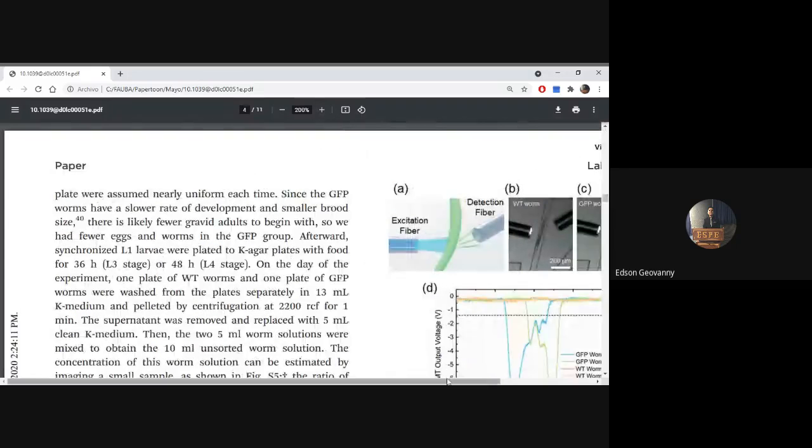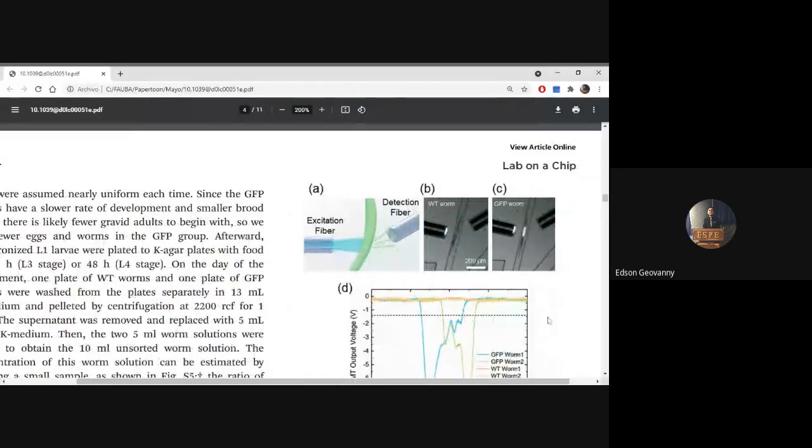In figure 2a, after injecting into the microchannel, the worm passes through a gradually narrowing channel and then hits the optical detection window. The channel is 16 micrometers wide. It serves for the passage of L3 and L4. In addition, a smaller distance between the worms and the fibers can increase the detection accuracy.